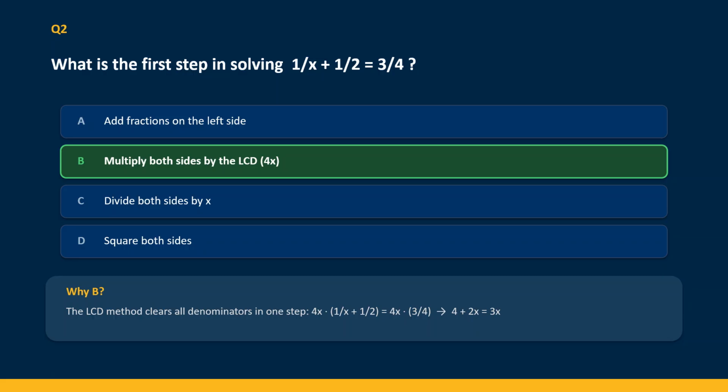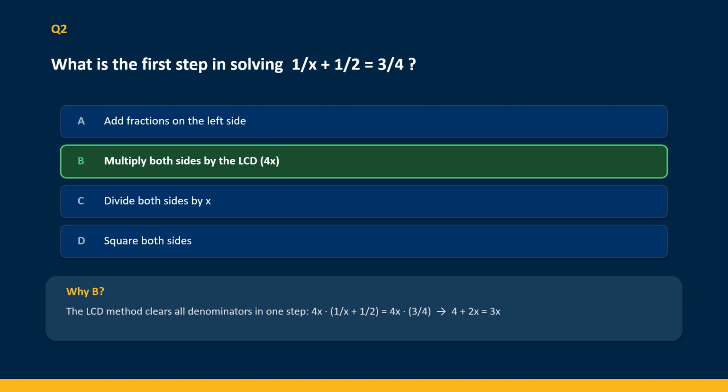Choice A, adding fractions on the left side, is not incorrect in principle. One could combine 1 over x and 1 over 2 into a single fraction with a common denominator and then cross-multiply with 3 over 4. However, this approach introduces additional algebraic steps and increases the risk of arithmetic error.